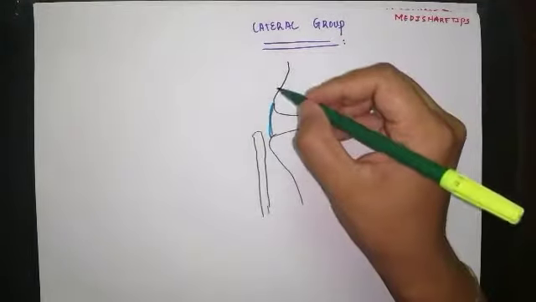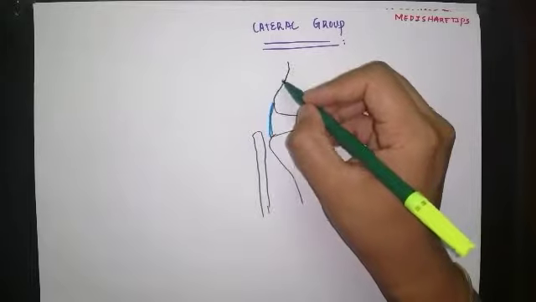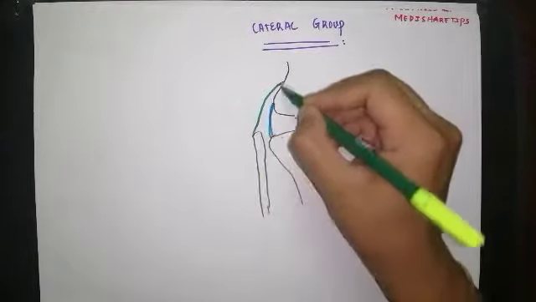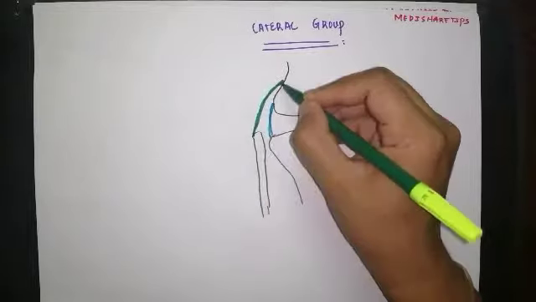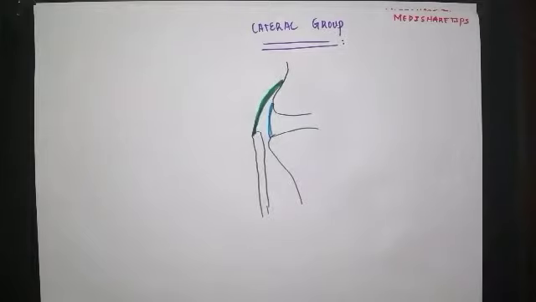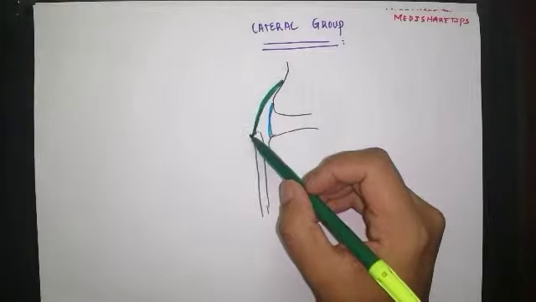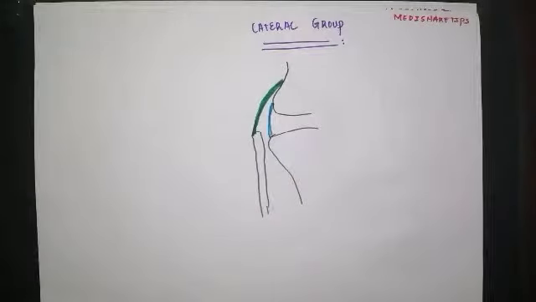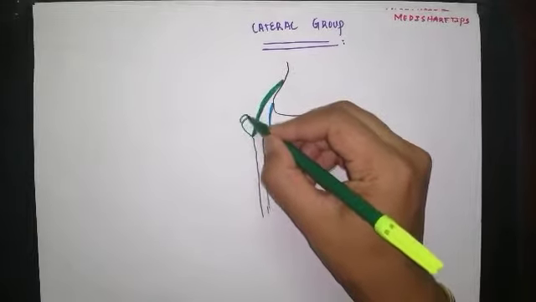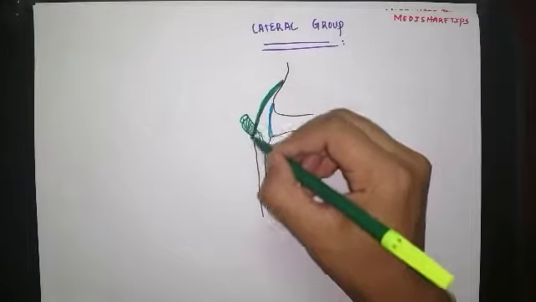And you have a lateral ligament which is known as the fibular collateral ligament, which is attached like this. Near the attachment of the fibular collateral ligament, there is a tendon of a muscle. Which is that muscle? There is a tendon of the biceps femoris muscle here.